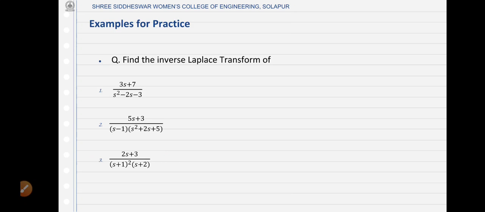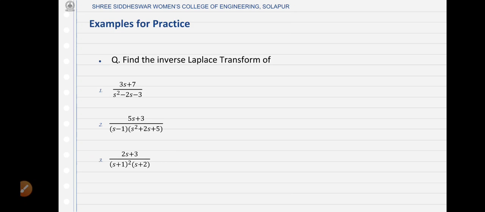So before applying the method of partial fraction, or before finding the values of capital A, B, C, please check the degree of the denominator of the given function should be same as the number of constants on the RHS of equation 1.